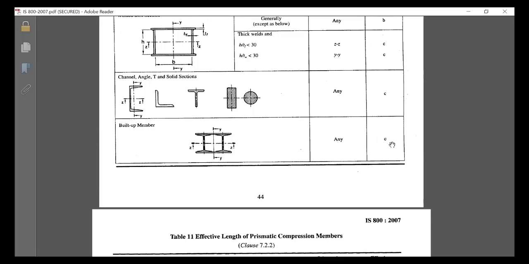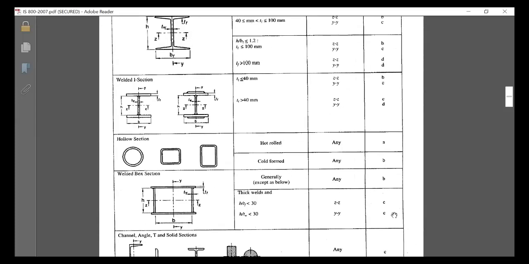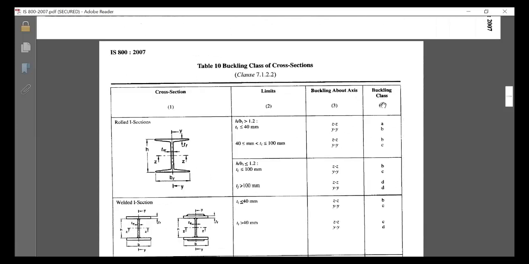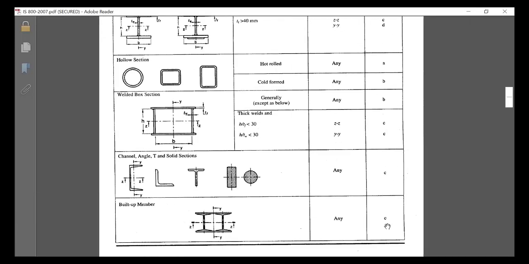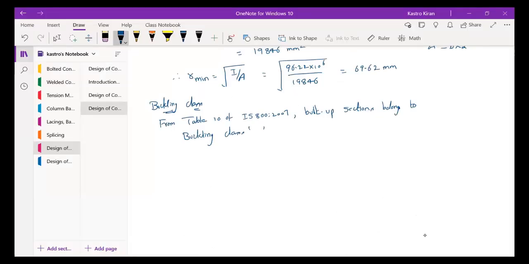So from this, you are clear that the built-up sections belongs to buckling class C. So let's write the same thing here. So it belongs to buckling class C. Right? So now we have found out the buckling class also.